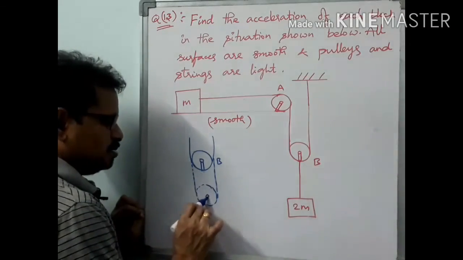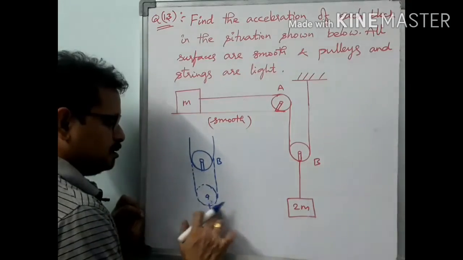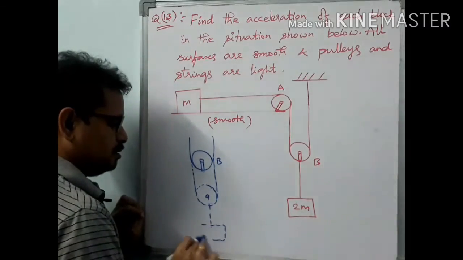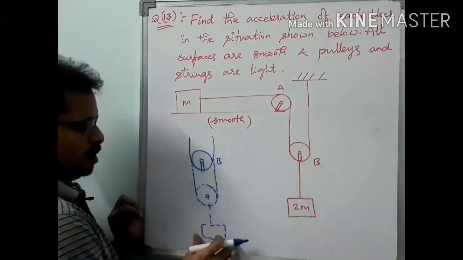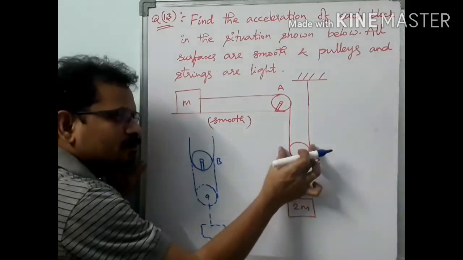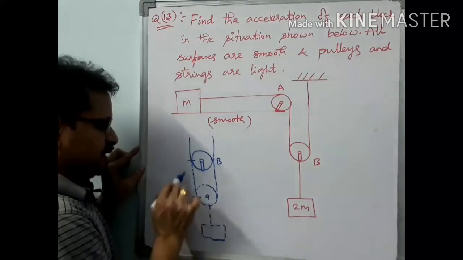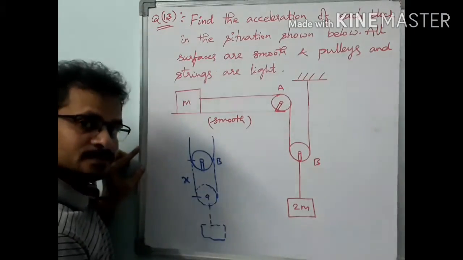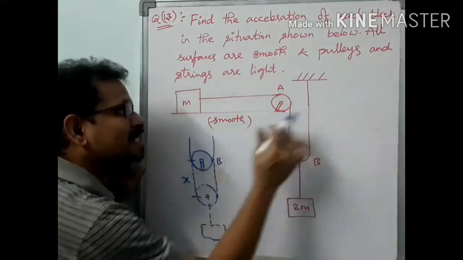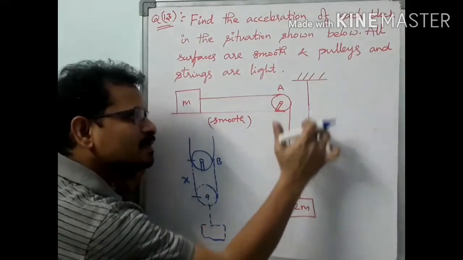And this is the block. This is the new position of the block. See, if the pulley moves downwards like this, let us suppose that it moves a distance x here. So what will be the change in length of this segment of the rope?